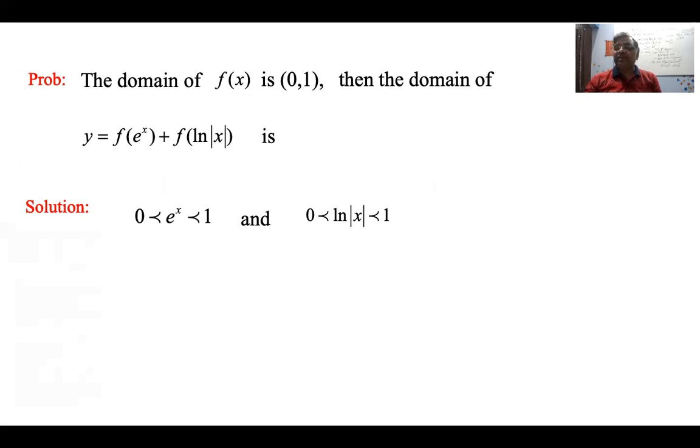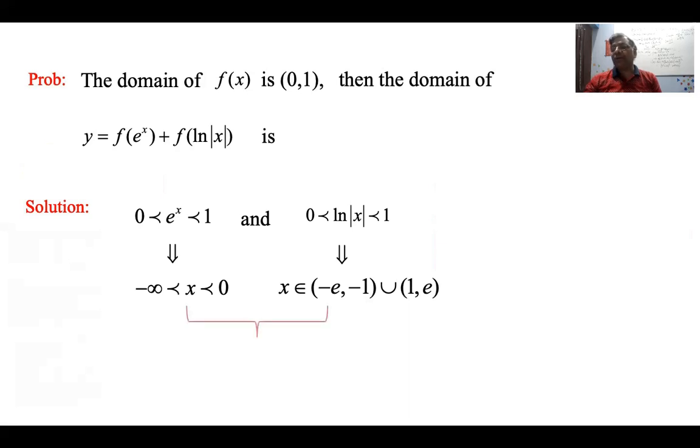Let us see. e power x is in the interval 0 to 1 means x must be in the interval minus infinity to 0. And log mod x is in the interval 0 to 1 means x must be from minus e to minus 1 union 1 to e. Right?